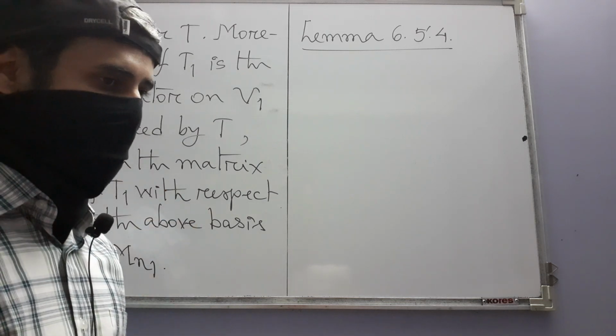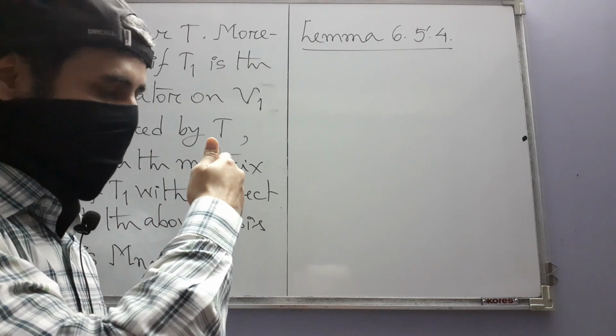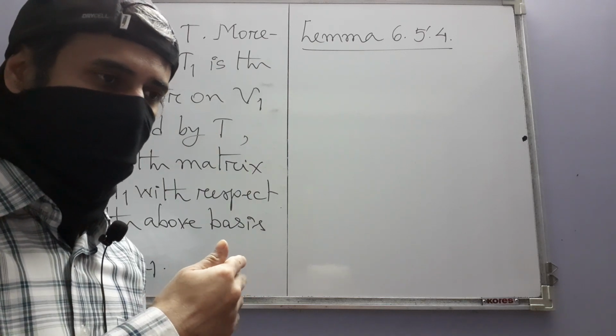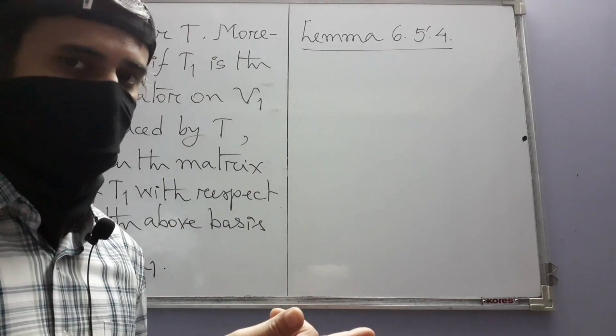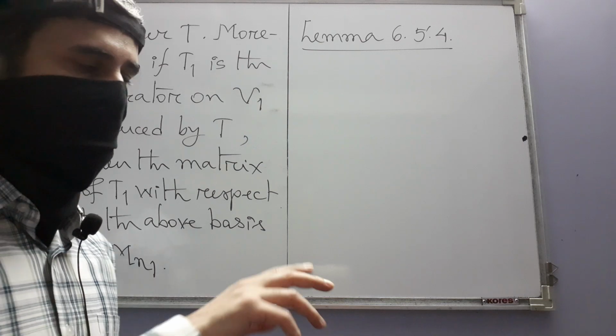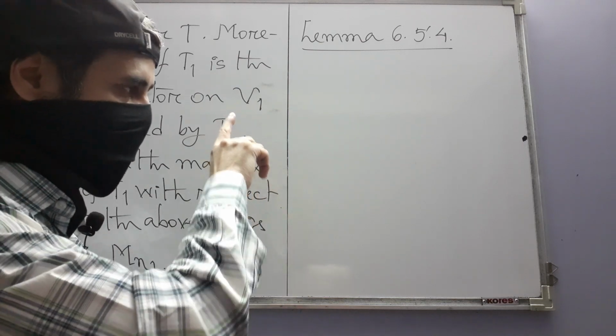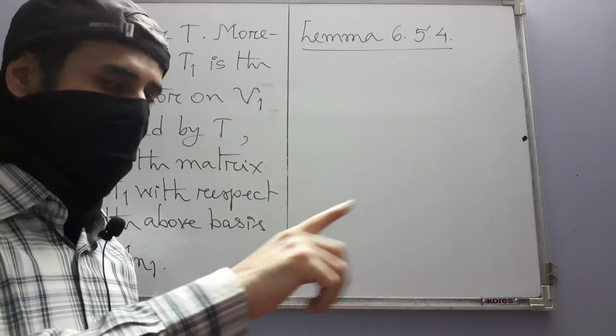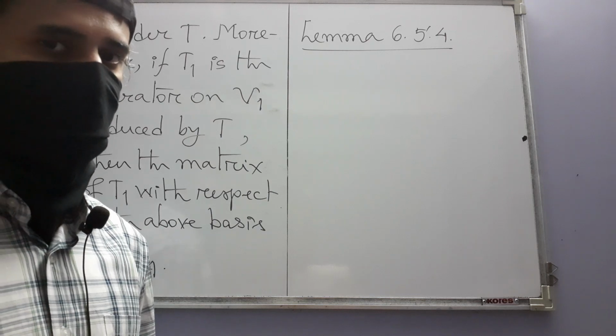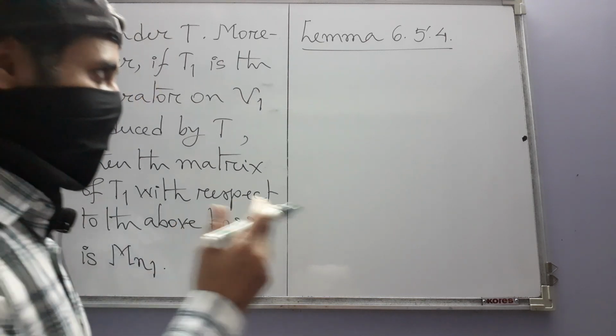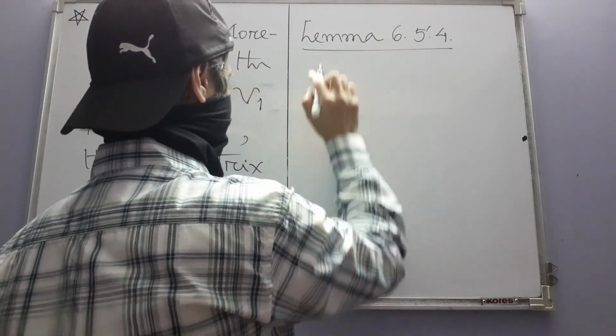Now the claim is that besides this subspace V1, there exists another subspace of V which is also invariant under T, such that our original V is the direct sum of these two subspaces. That is this lemma.